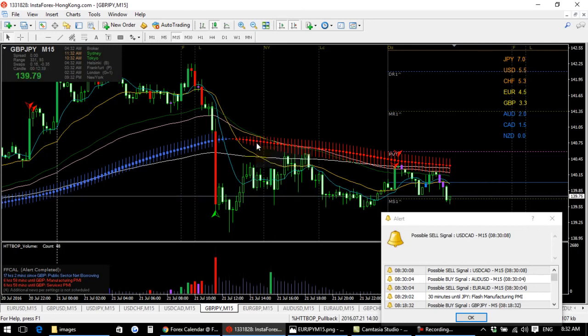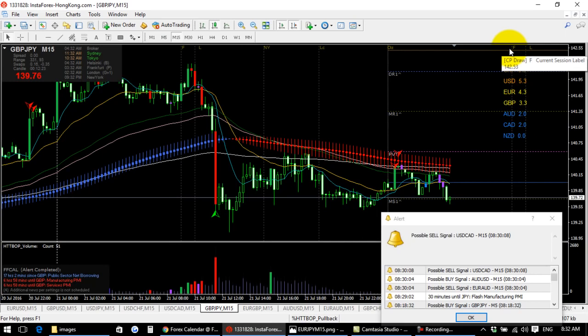In the top right here is a currency strength. Okay, it goes from strongest up there to weakest down below here. It actually goes up to 9. You'll see if it becomes 8 or 9 here, that's the strongest it can be. So what we're trying to do is play off weaker currencies against stronger currencies.